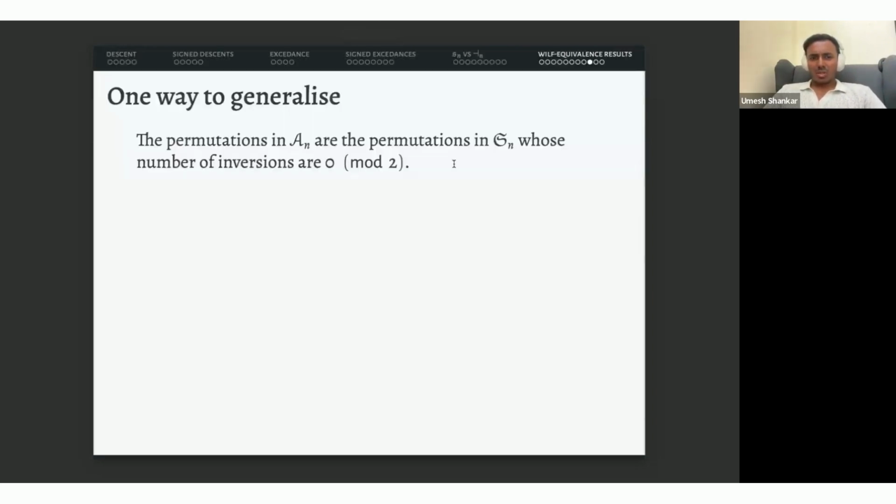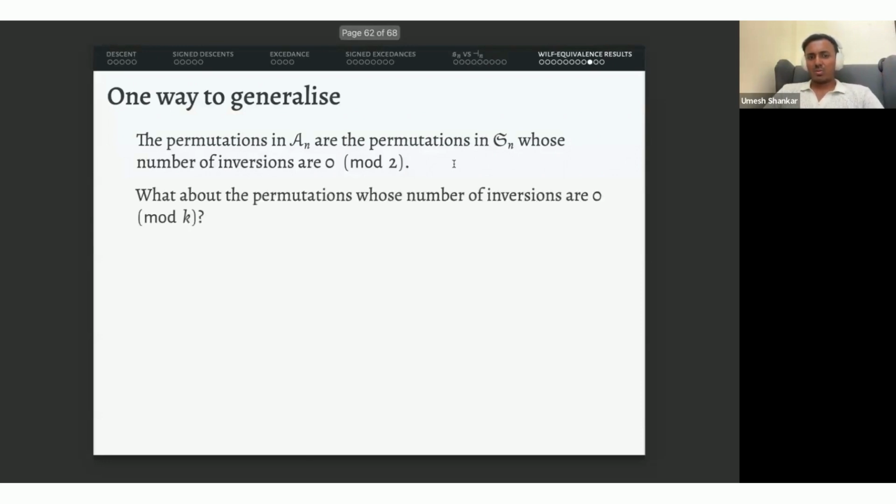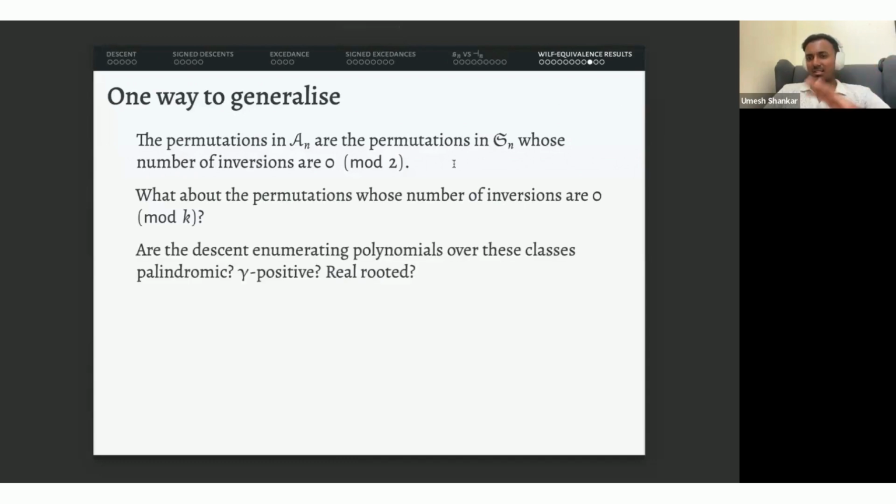One way to generalize is this. The permutations in An are the permutations in Sn whose number of inversions is zero mod 2, an even number of inversions. So what about the permutations whose number of inversions is zero mod q? The problem once again is that palindromicity is not available.